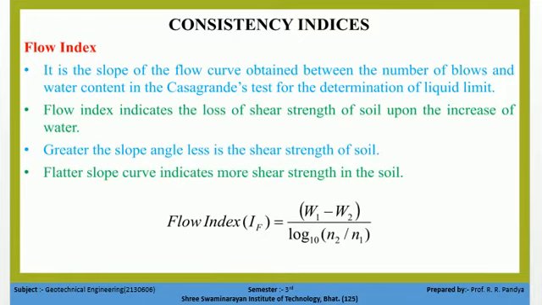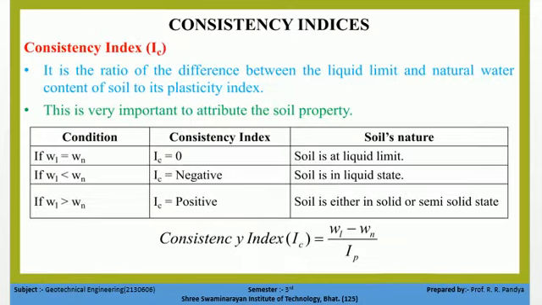Our next topic is consistency index. The consistency index is denoted by IC. The consistency index is the ratio of the difference between the liquid limit and natural water content of soil to its plasticity index.